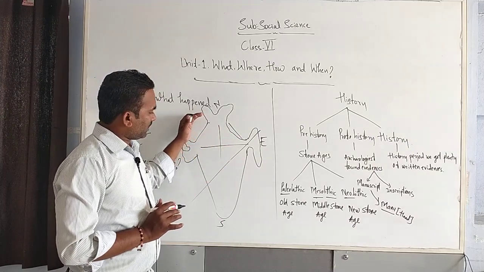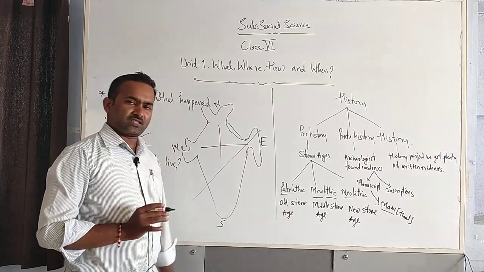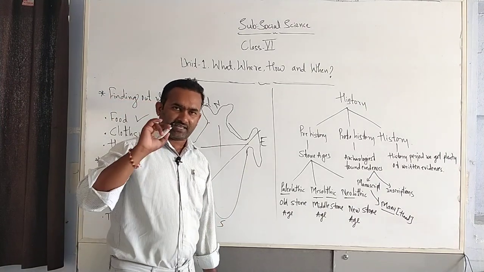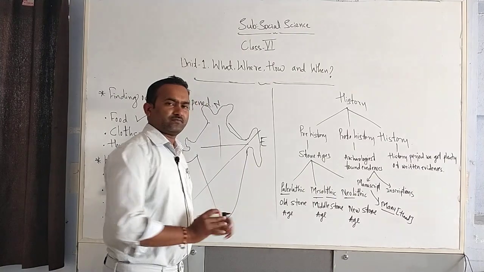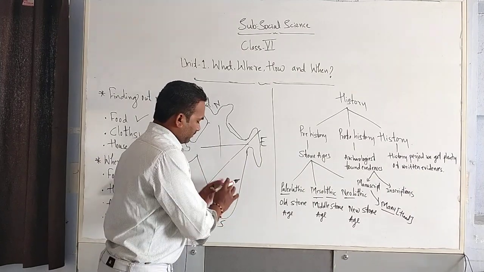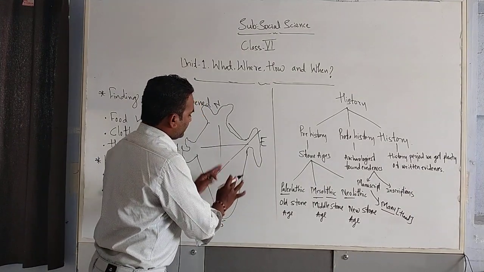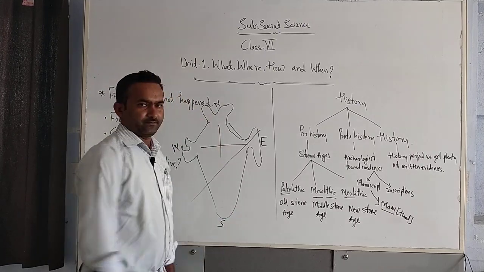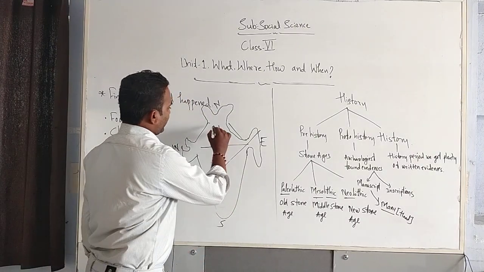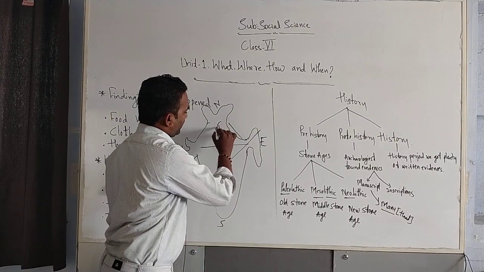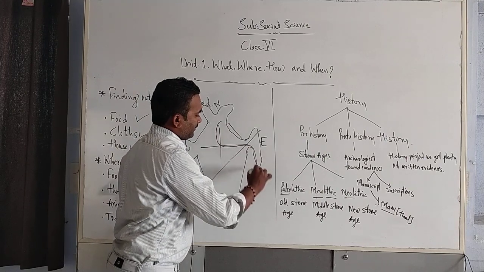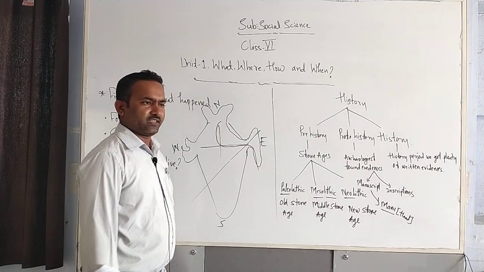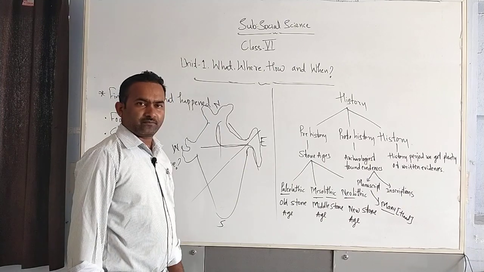So South Indian people, those who settled here in ancient time, started moving from south to north side, near the Ganga river. The Ganga river originates from Gangotri. It is located in the Himalayas.